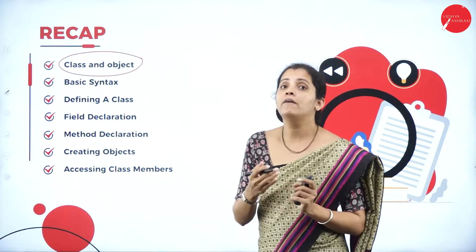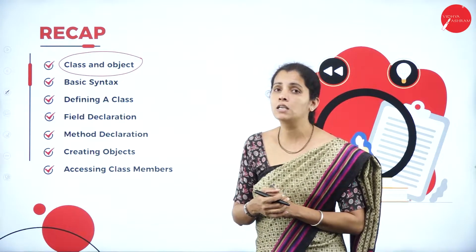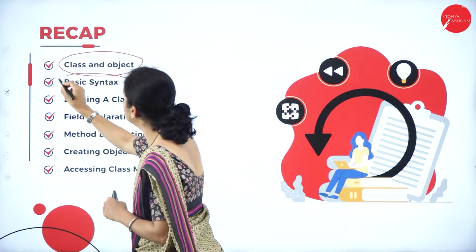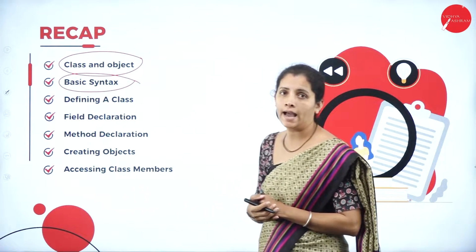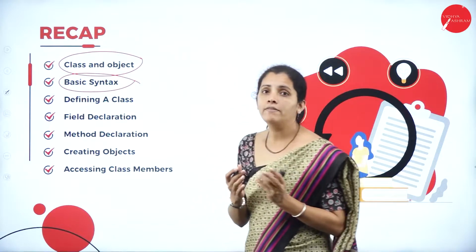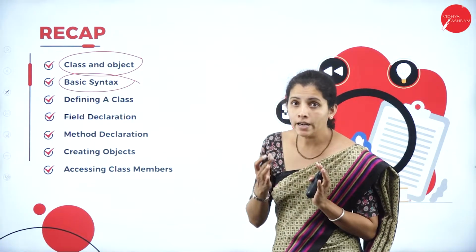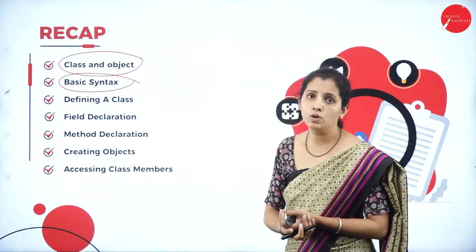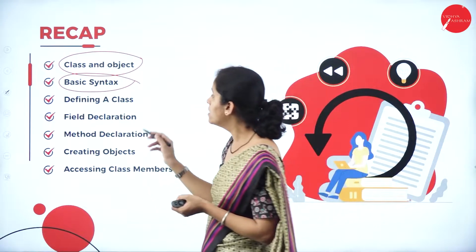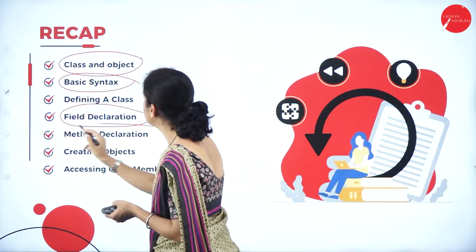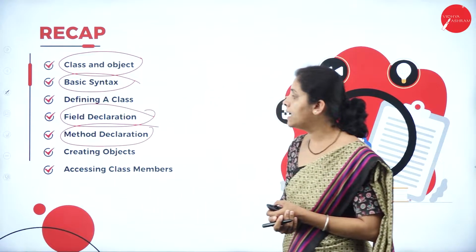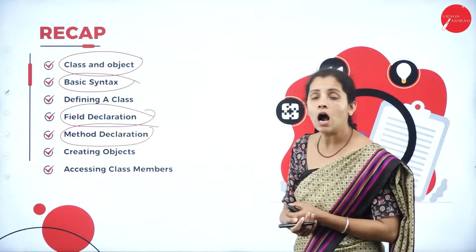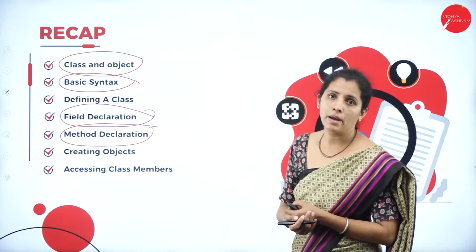Along with that, I discussed how to create a class and how to create an object, the basic syntax, how we can define a class and what fields I can include in my class, that is field declaration as well as method declaration, and creating objects as well as how to access data members.